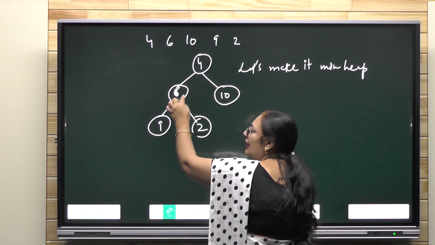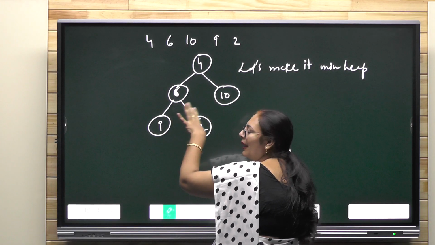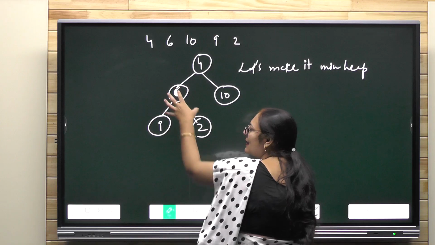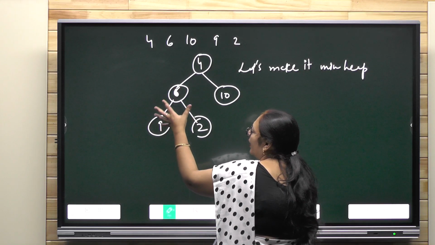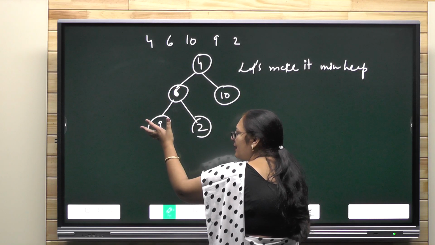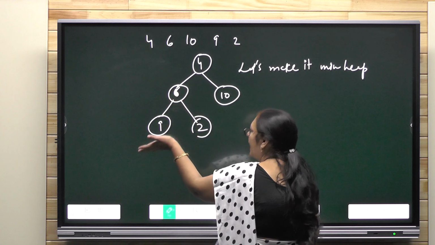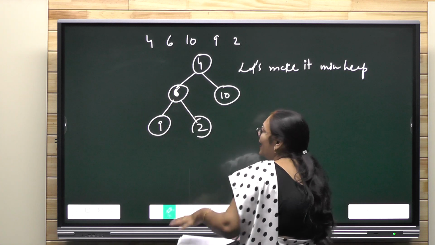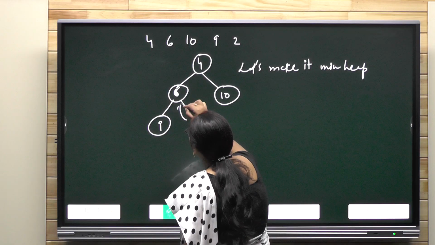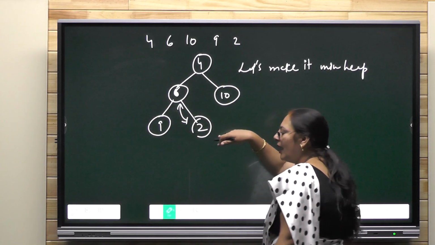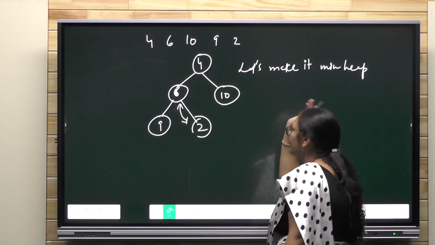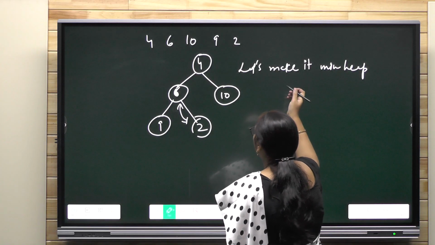We have to check whether it is less than its children, because we are making a min heap. 6 is less than 9, but 6 is not less than 2, so you have to interchange their positions. The child will take the place of the parent and the parent will take the place of the child.